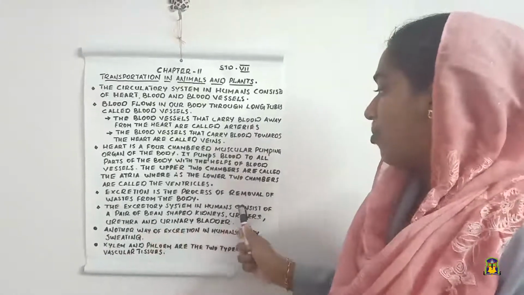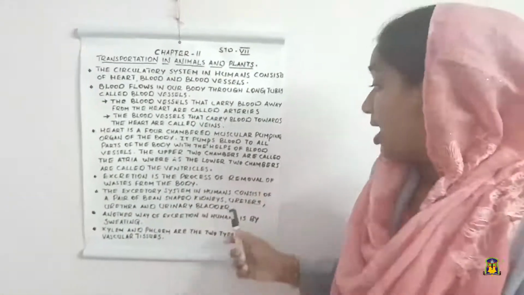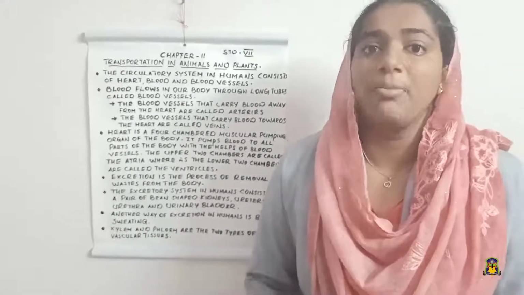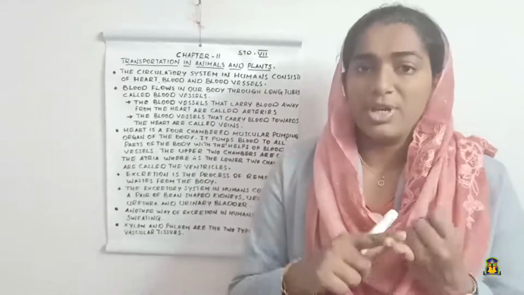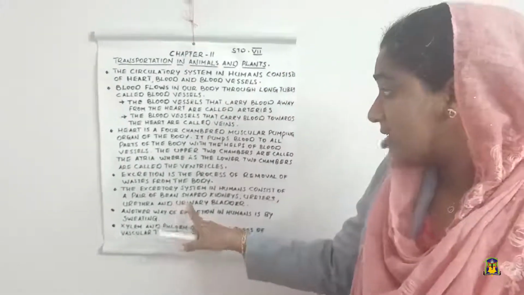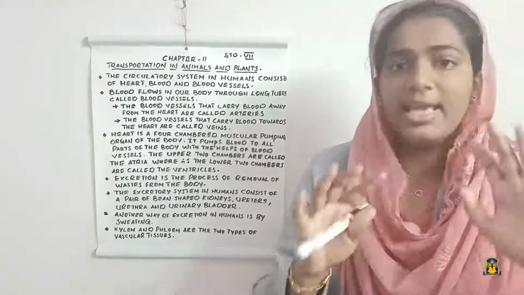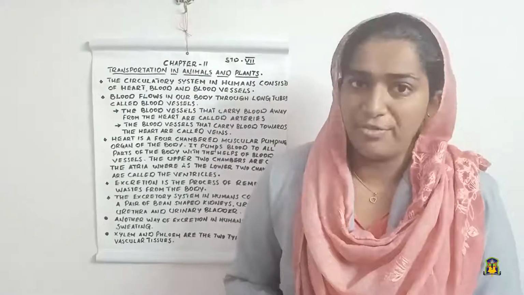The excretory system in humans consists of a pair of bean-shaped kidneys, ureters, urethra and urinary bladder. These are the main parts. A pair of kidneys means two kidneys. Each kidney consists of a large number of coiled tubes called nephrons.